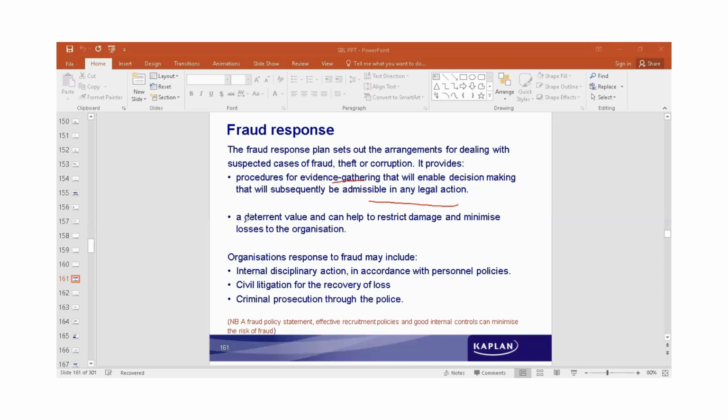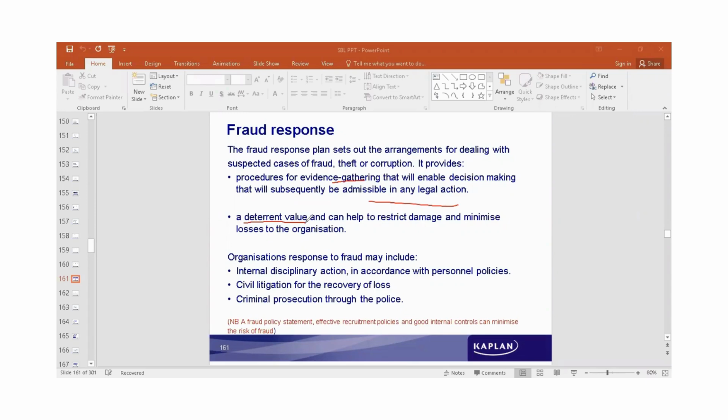Deterrence. See, a deterrent value. What is deterrence? A deterrent value can help to restrict. The action that they take will ensure that such a thing will not be repeated again in future. If they are not very serious when fraud is detected, then people who are involved in fraud will gain confidence to do it one more time.